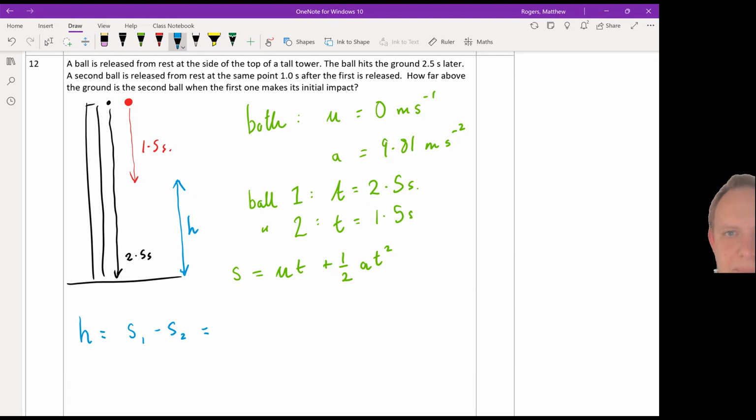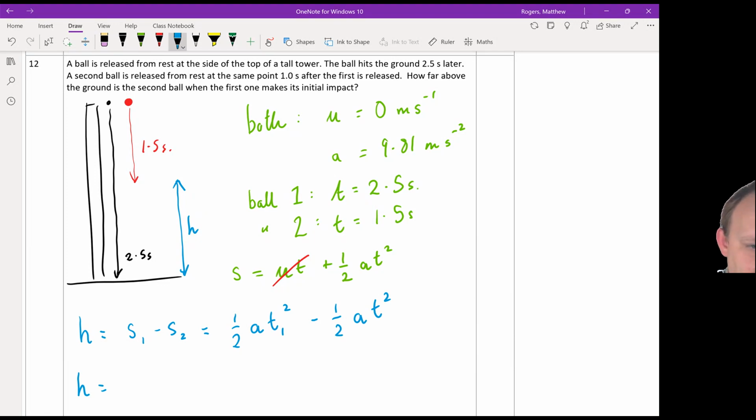If we put these values in, it might be helpful before we start to say that u is 0, so we can drop this term. Therefore, this is half a t1 squared minus half a t2 squared.